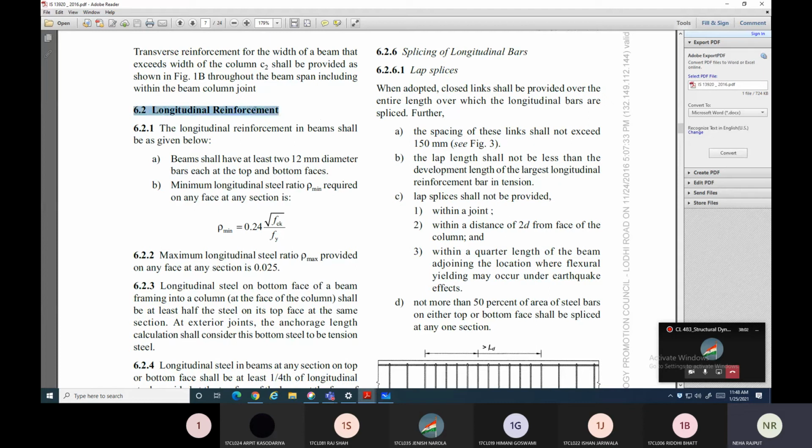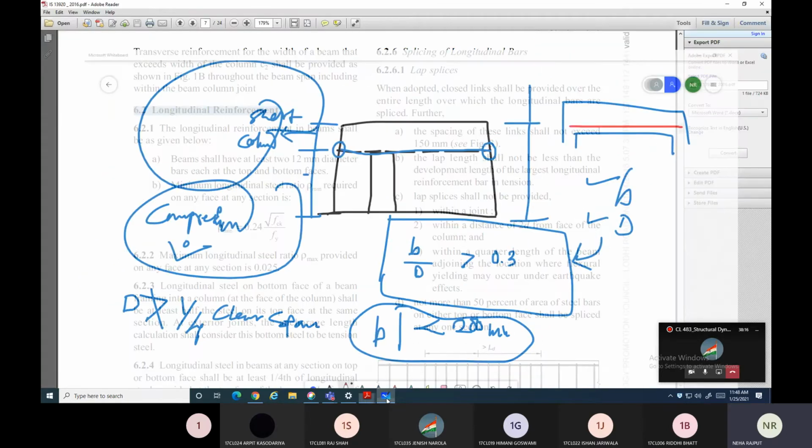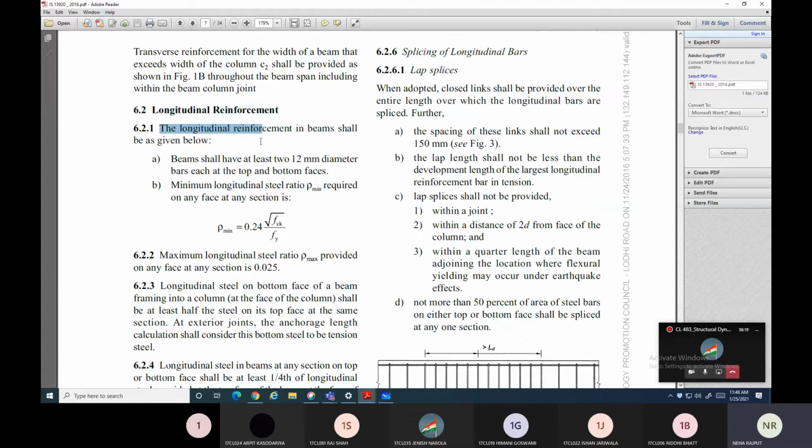Then next is 6.2 longitudinal reinforcement, meaning the reinforcement which is provided at the tension side. So the longitudinal reinforcement in the beam shall be as given below. Beam shall have at least two 12 mm diameter bars each at top and bottom faces.